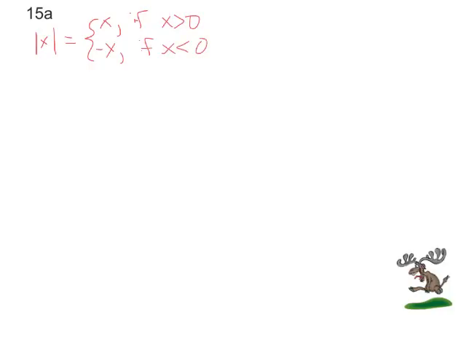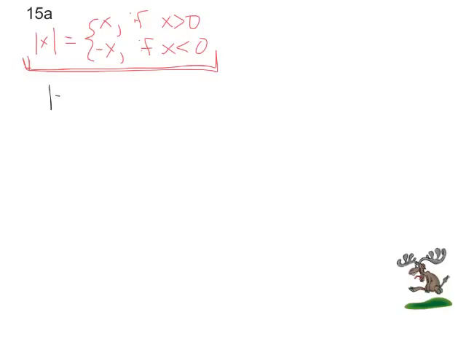So if we had 7 in here, we would be in the top field, and the answer would be 7. But if we had negative 7 in here, we would be in the bottom field, so negative 7 makes it positive. Keeping that definition in mind will be very useful in calculus and in solving these problems. So if you don't have that written down, write it down.